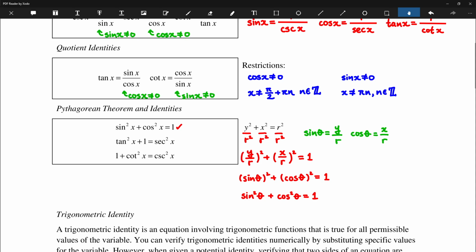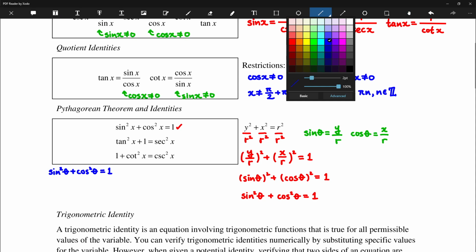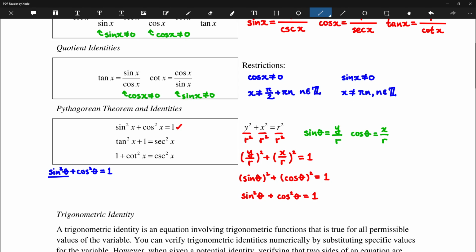Now the other two identities in the same box can be derived from the first one. So let's look at, for example, what happens if we divide all three terms in the original identity by cosine square theta. So again, we are going to divide all three of these by cosine square theta, and then cosine square theta on the right-hand side as well.